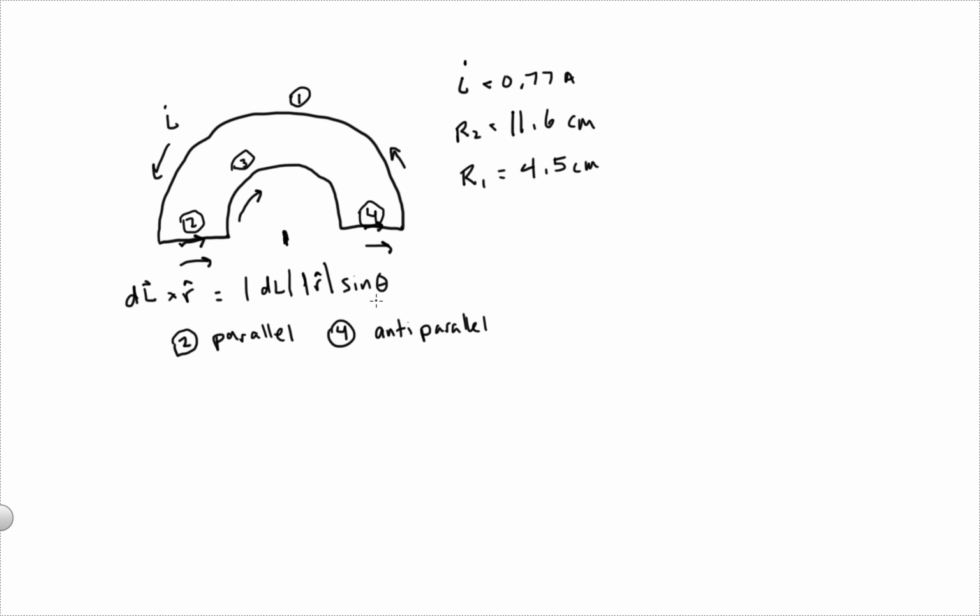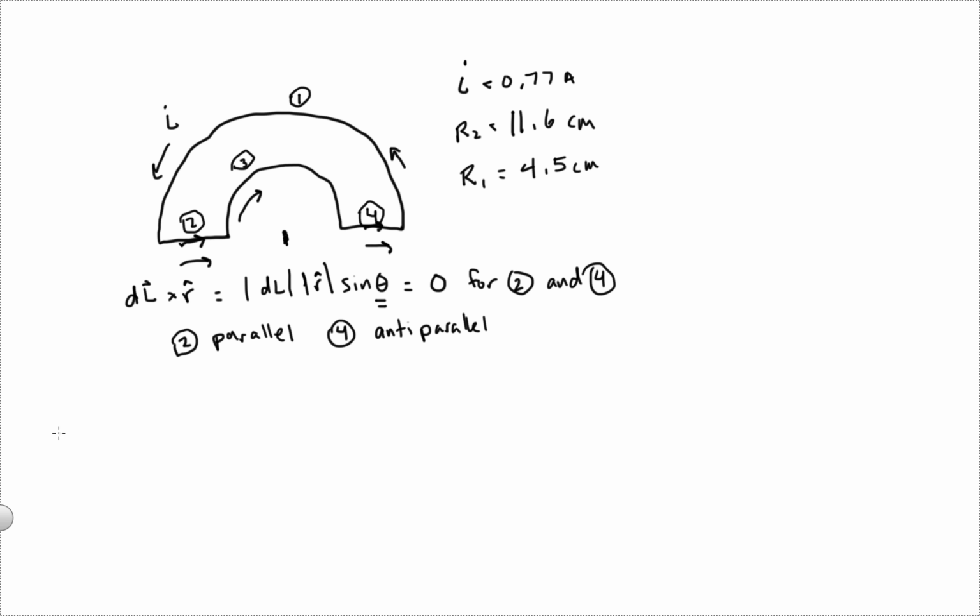Either way, you get the sine of 0 or the sine of 180, and that is a 0. And so dL cross r hat for 2 and 4 is going to be 0. And so we are going to effectively ignore the contribution from those two segments because there is none.